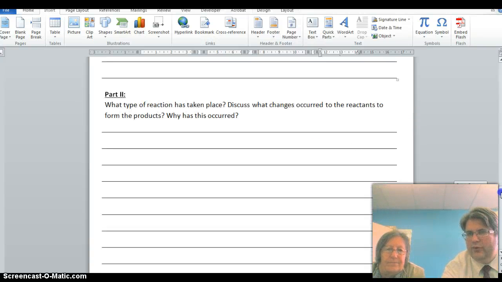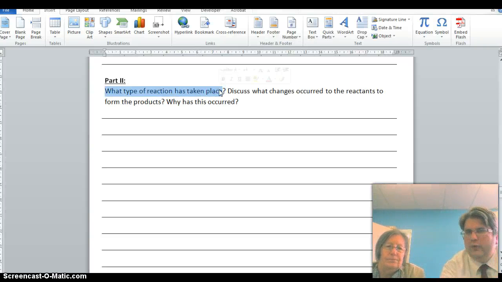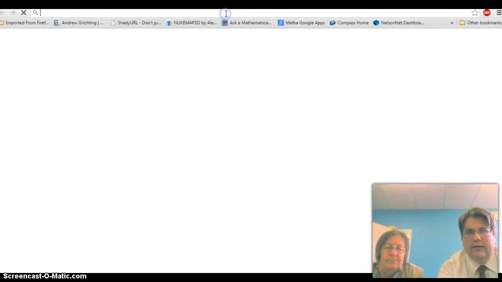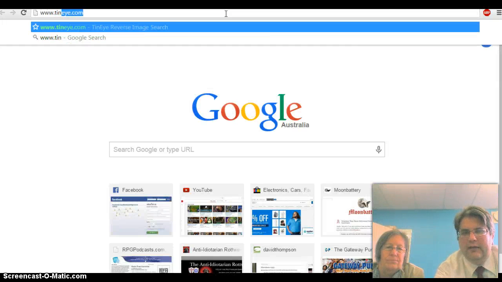Part 2 is just a little bit more difficult. It asks you what type of reaction has taken place. In order to help you with this, I've actually found some websites for you to look at, and I'm going to tell you what those websites are. You can type them in here as www.tinydurl.com/MSc-chem-1.